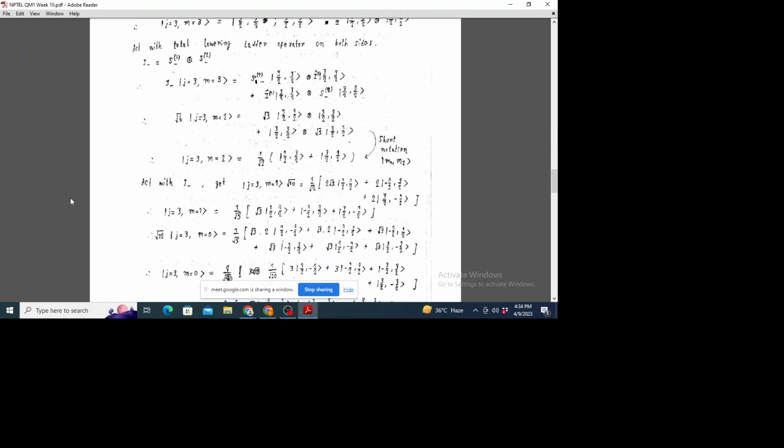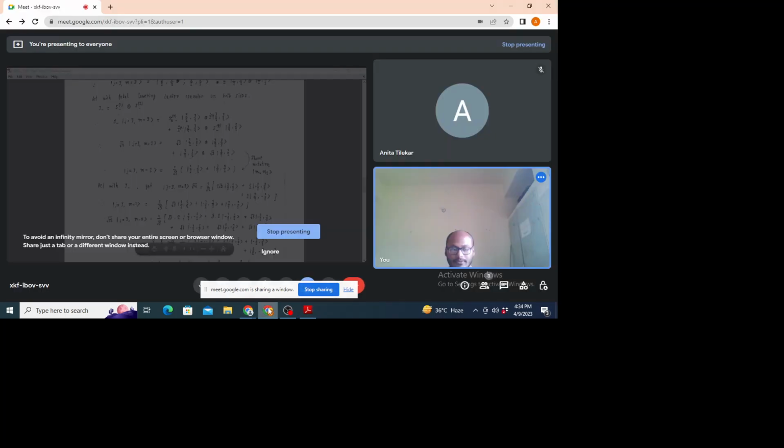Okay, so if not, let us quickly go through this: addition up to spin 3/2 angular momentum, and how to find those Clebsch-Gordan coefficients.